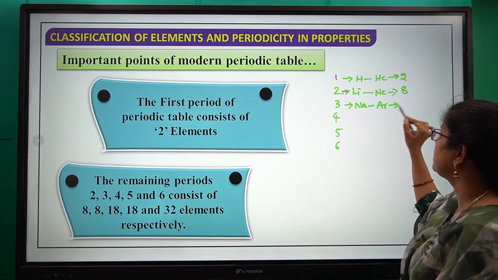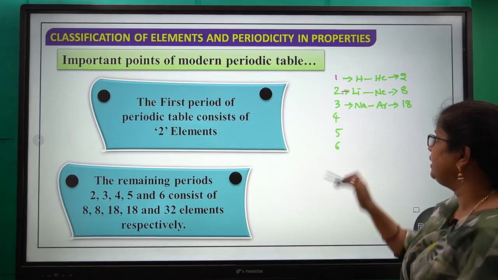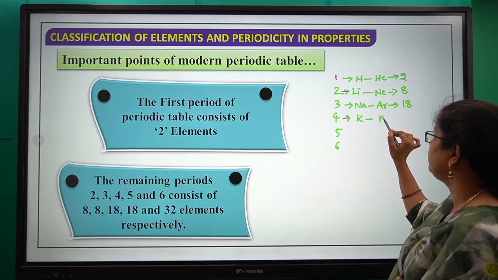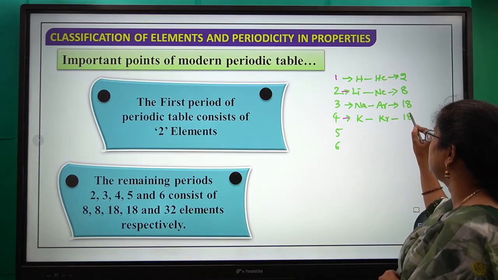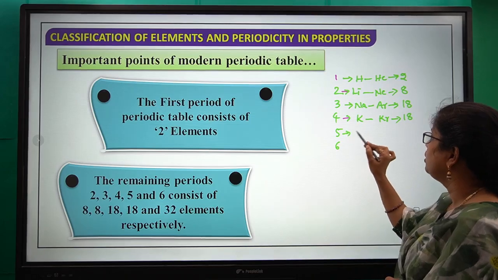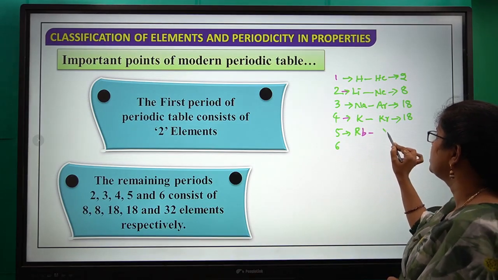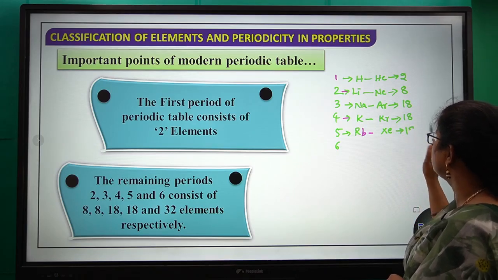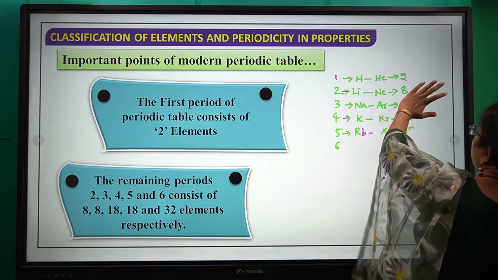How many elements does it contain? 8. Next, the fourth one, potassium to krypton. How many elements? 18 elements were arranged. Next, the fifth period, rubidium to xenon. How many elements? Again, sorry, it has only 18 elements.